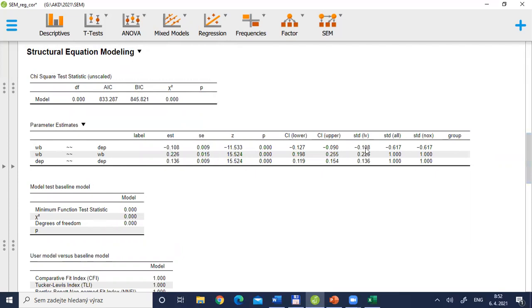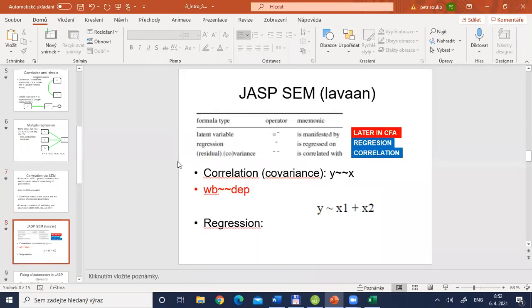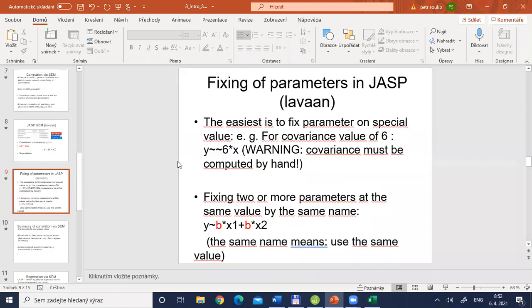So you are computing your relationship by correlation or covariance. You are describing your data by variances and nothing more. So this is only a descriptive model. If I would like to add something more, I would need to add some more tricks we will be discussing in a few minutes about fixing.